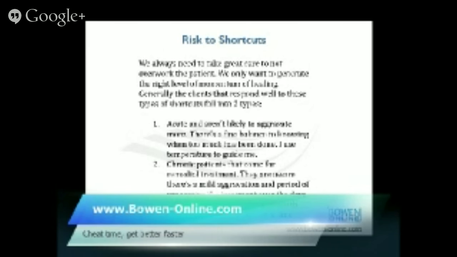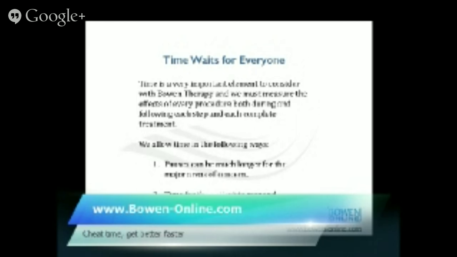Okay, so moving on now. One of the most important aspects of Bowen therapy is that there's an issue of time, and that time is necessary for everything to happen when it comes to Bowen therapy. So we give pauses of time that can be much, much longer when we're working in an area of concern, such as the low back, the pelvis, the upper shoulders, and so forth.